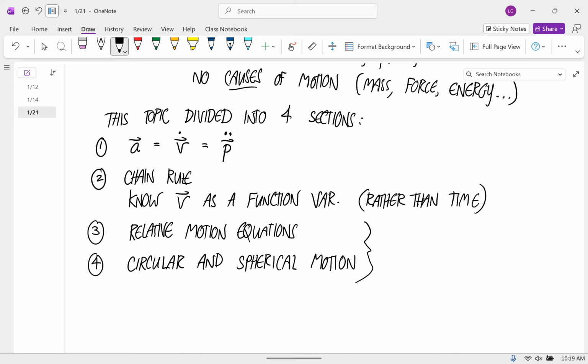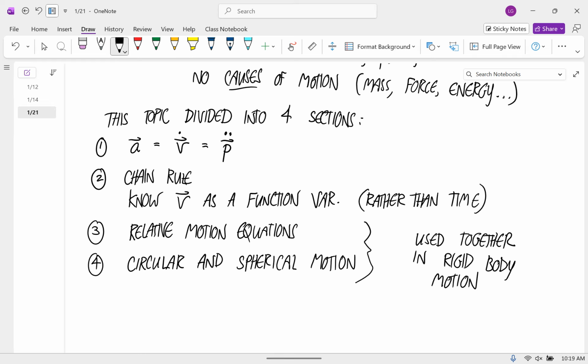These two go together naturally, so these are used together. This is going to be the biggest use of these things in this class, in rigid body motion. Okay, so circular and spherical motion.